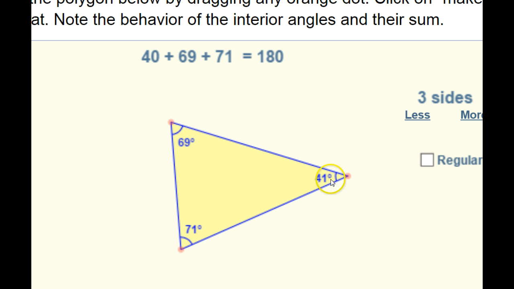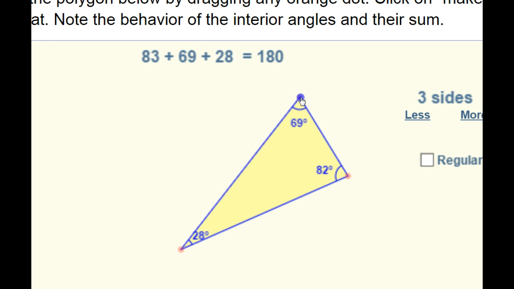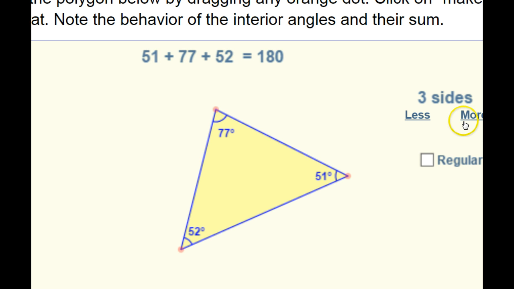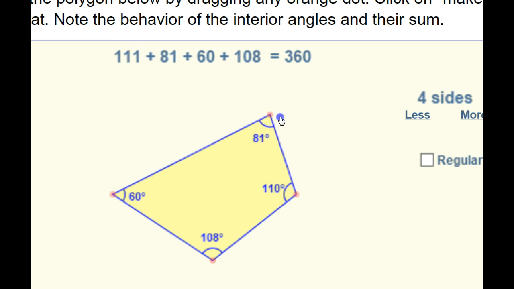Well, before we do this, I wanted to show you. So here we have a triangle, and the inside angles of a triangle, you should know, add up to 180. It doesn't matter what the shape of the triangle is, they always add up to 180. If we look at a four-sided figure, it always adds up to 360.